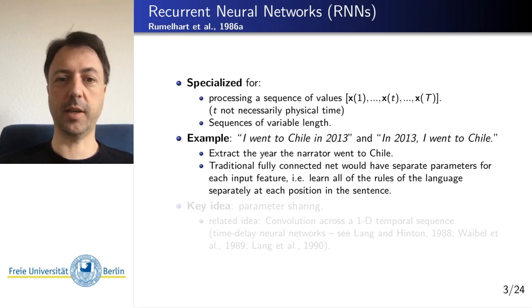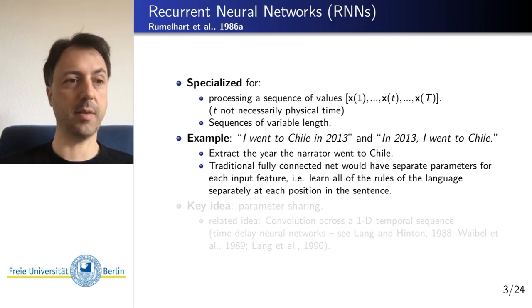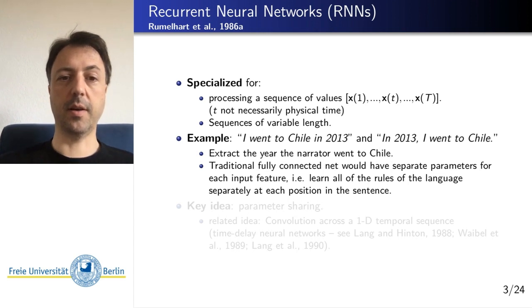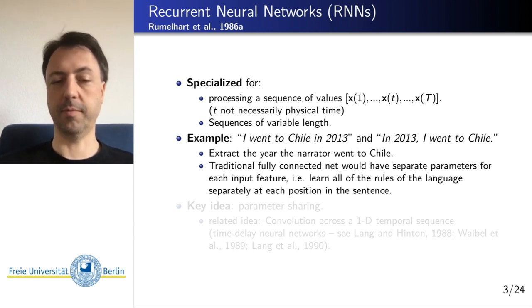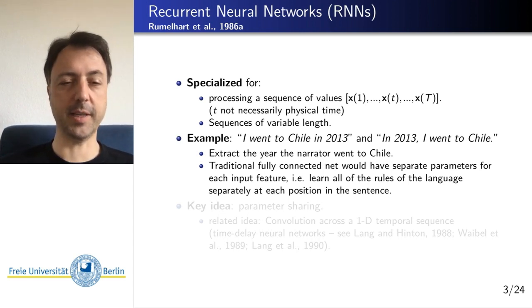I went to Chile in 2013, and in 2013 I went to Chile. Same meaning, and let's say we want to find the year the narrator went to Chile. So that's the machine learning problem here. So the answer is 2013, but we can find it in different places of the input in these two examples.